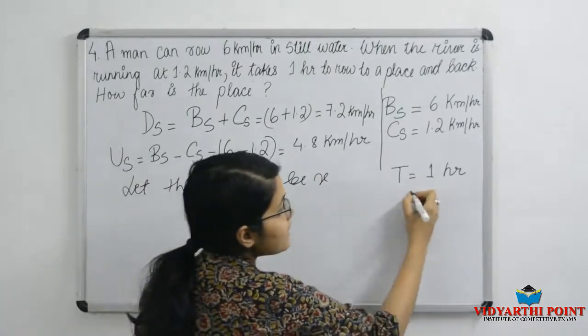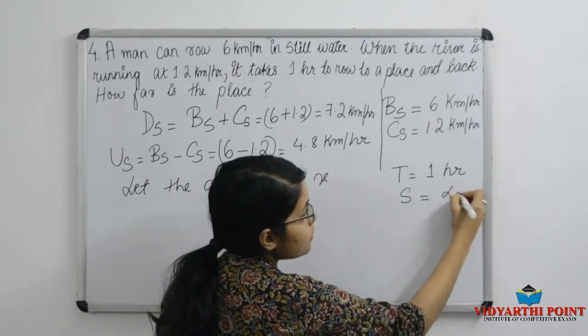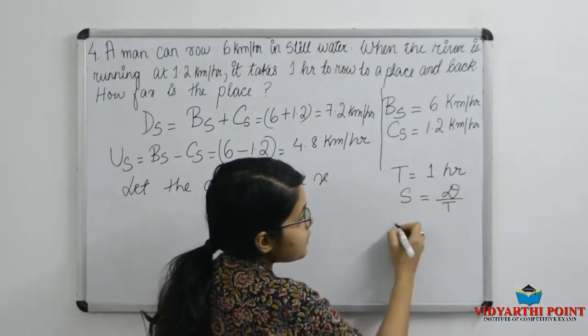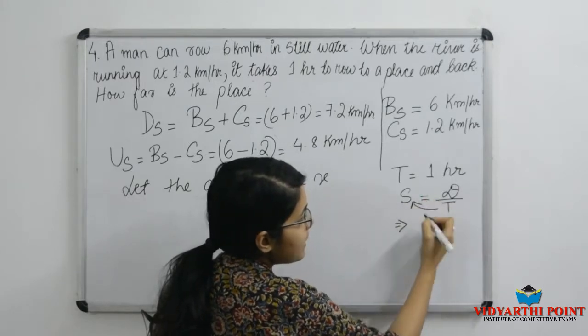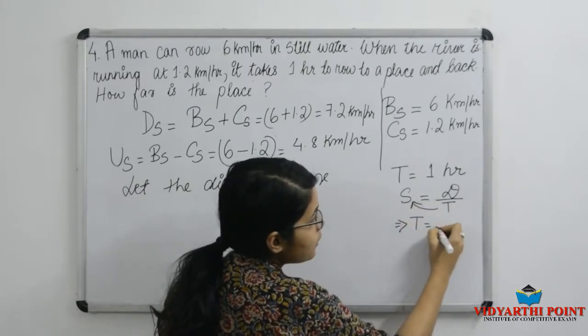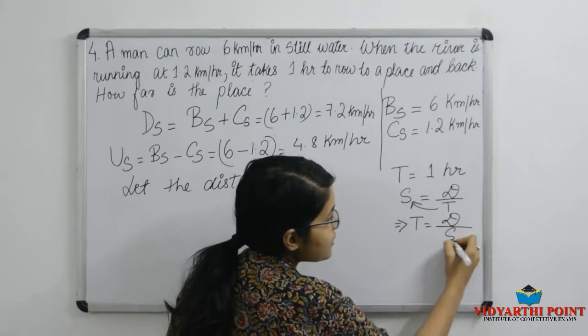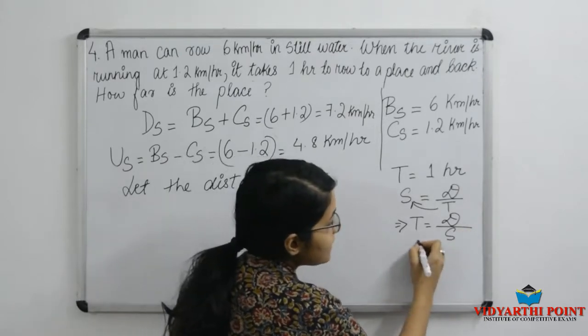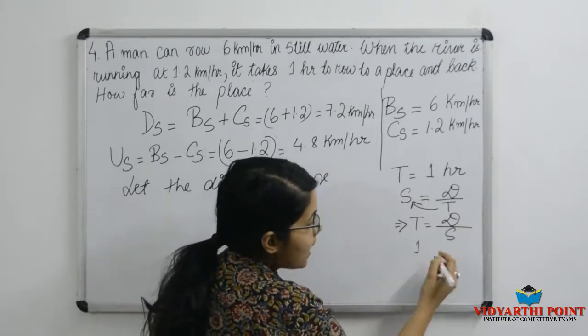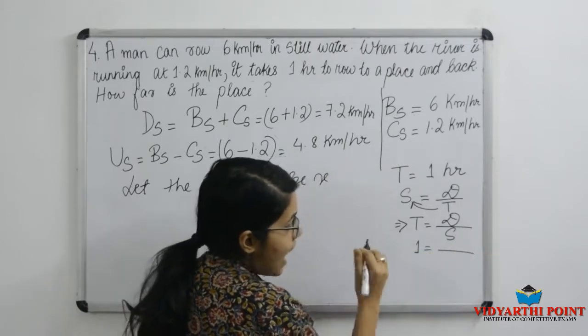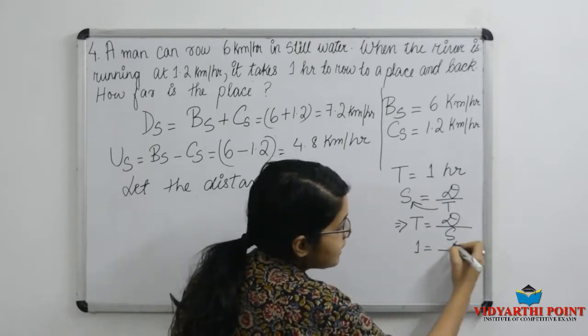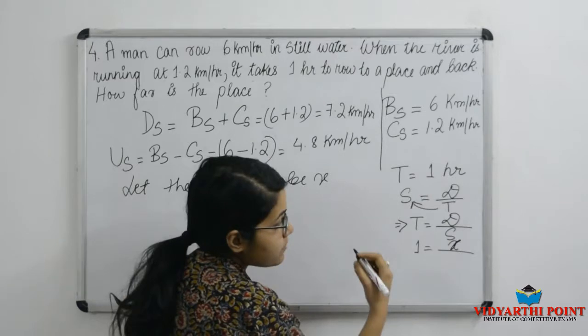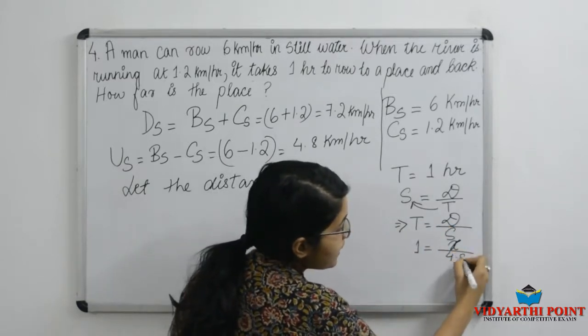We know that speed equals distance by time. Also, if we cross multiply, time equals distance by speed. Here we know that the time is 1 hour, and upstream, let the distance be x and upstream speed is 4.8.